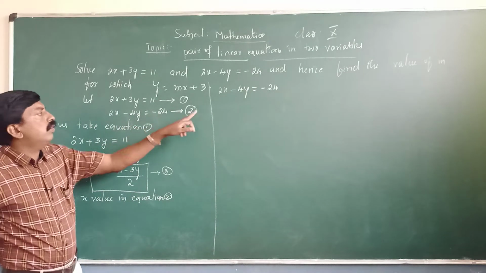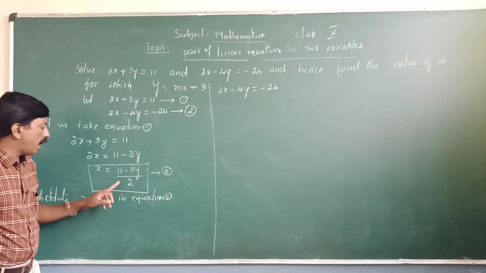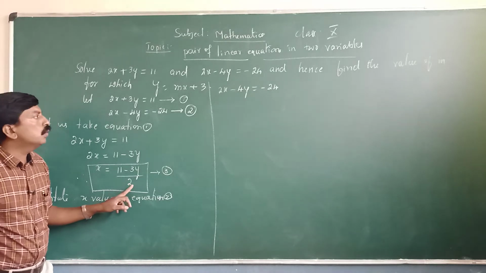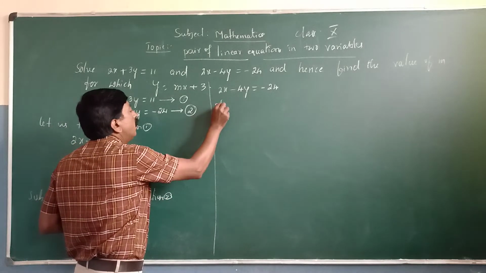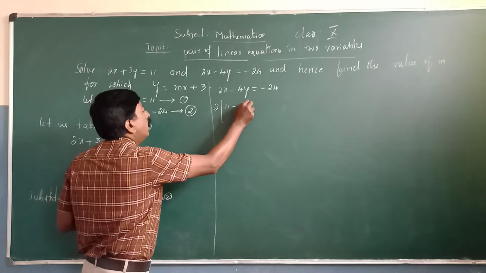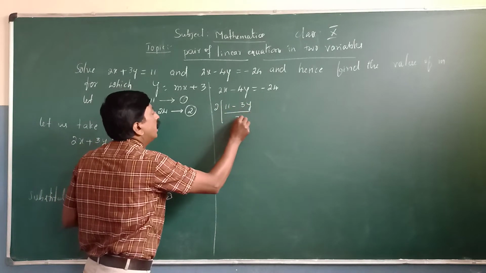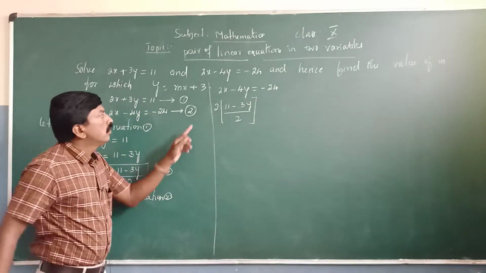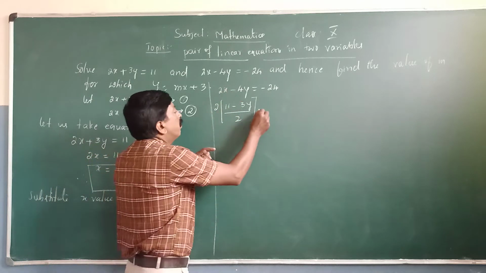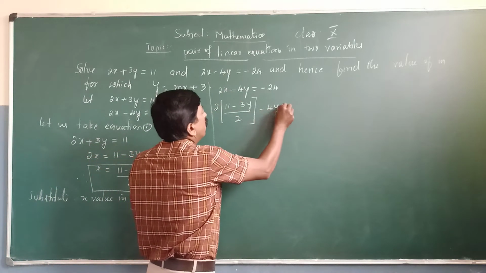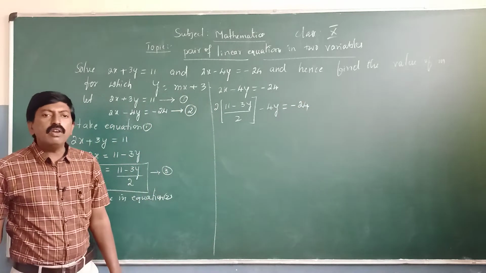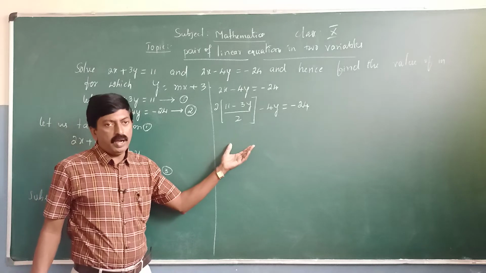Now replace the x value as 11 minus 3y divided by 2. Therefore, 2 times 11 minus 3y divided by 2, that is the x value, minus 4y is equal to minus 24. Now you can simplify and find the y value.